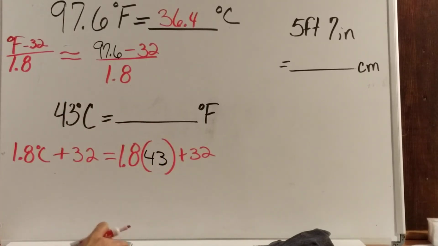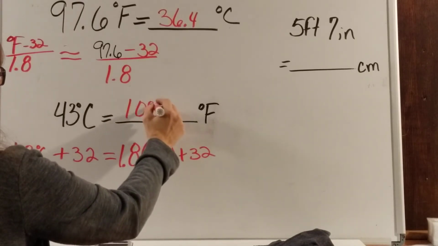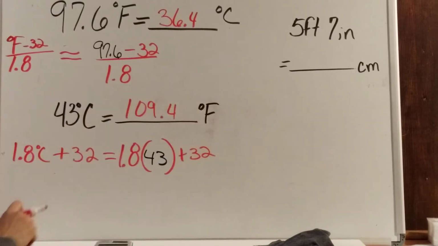So that gives me 1.8 times 43 equals, and we're going to add on 32 and round that to the nearest hundredths, which that one worked out great. 109.4. That is a really high temperature.